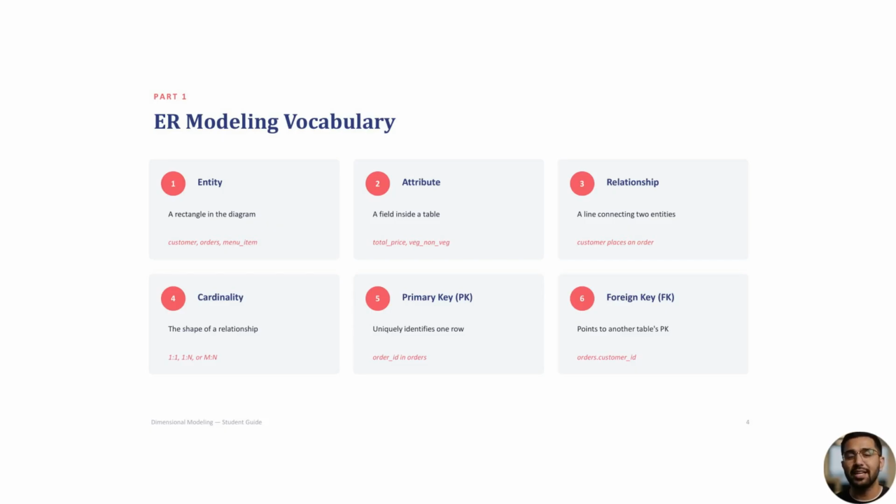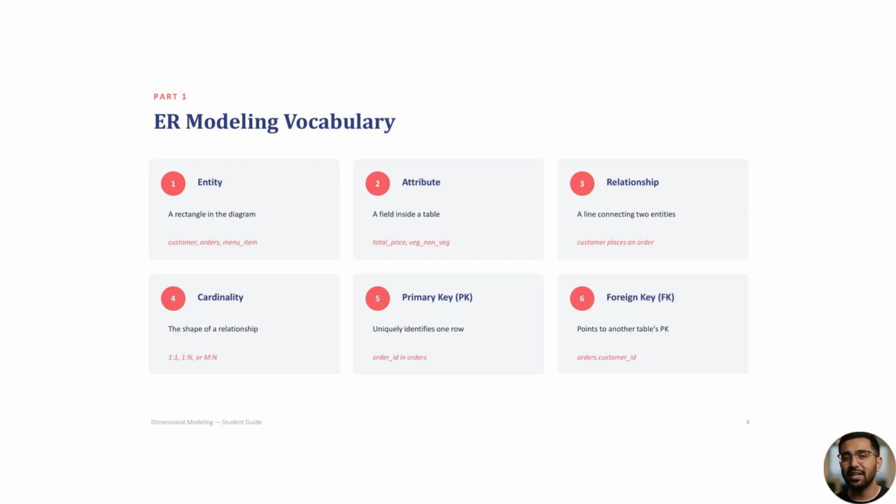Relationships are depicted as lines connecting two entities, for example, customer places an order. Cardinality describes the nature of these relationships, such as one-to-one, one-to-many (1 to N), or many-to-many (M to N).